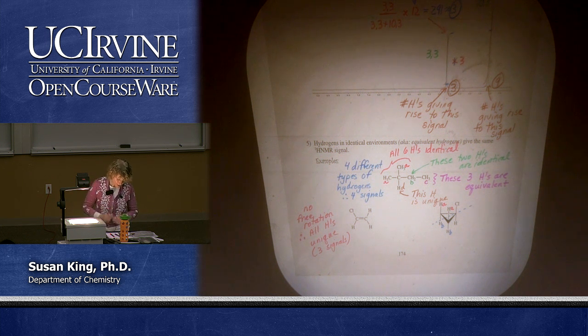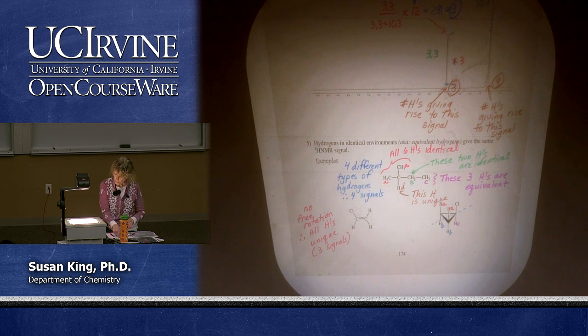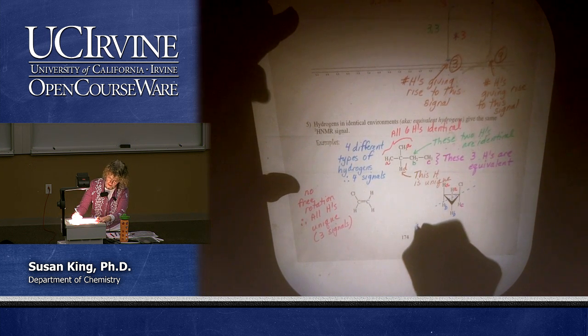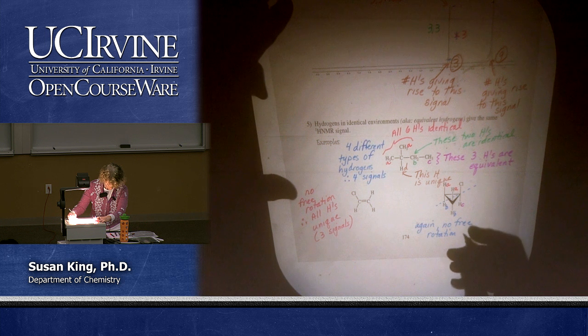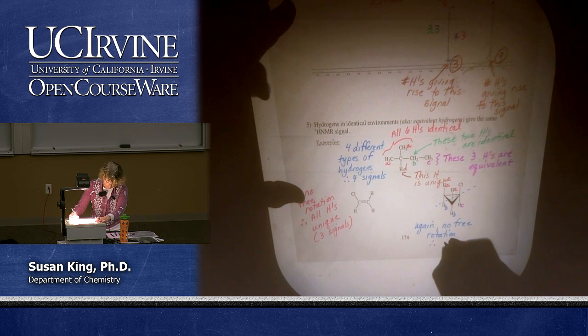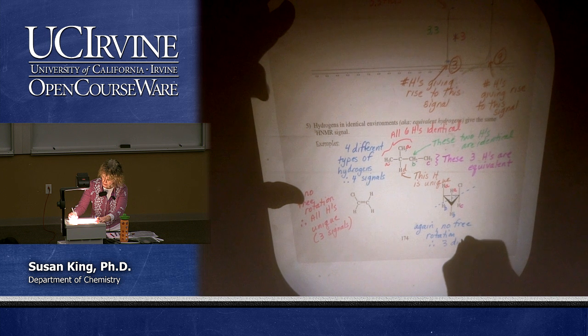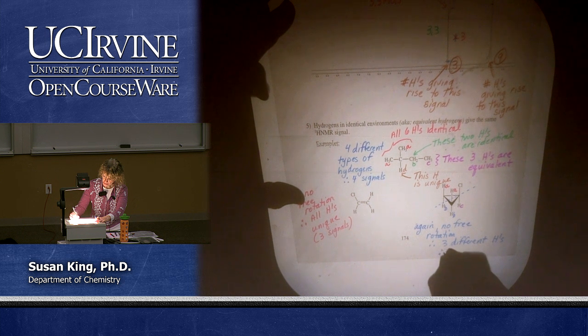And then our last type is C right here. That's unique. So again, no free rotation. Therefore, we have 3 different hydrogens. And therefore, we'll have 3 signals.